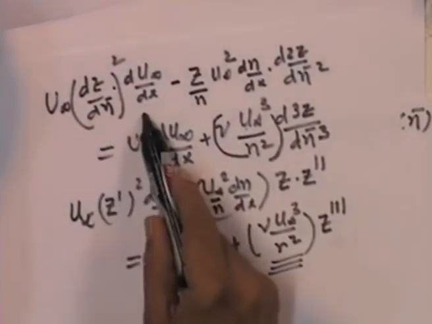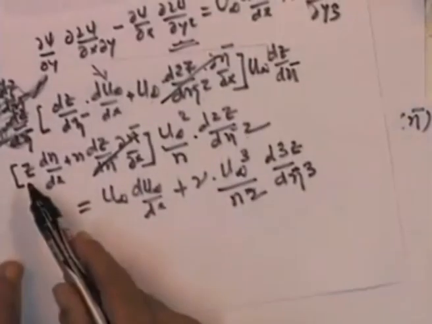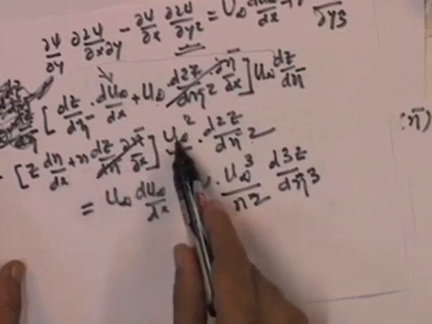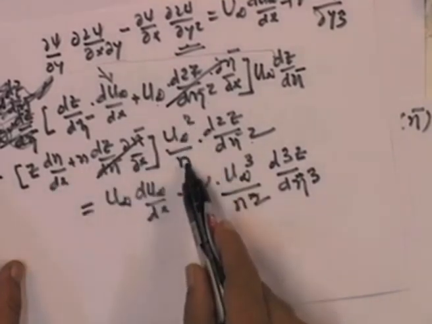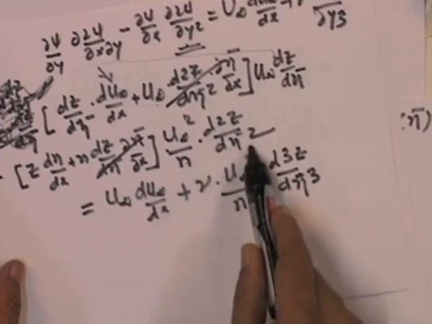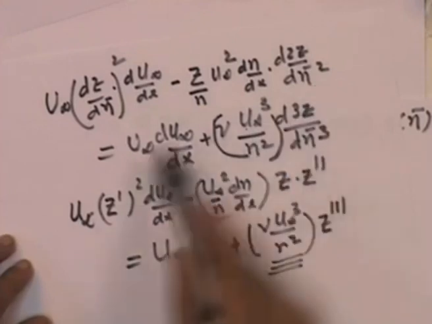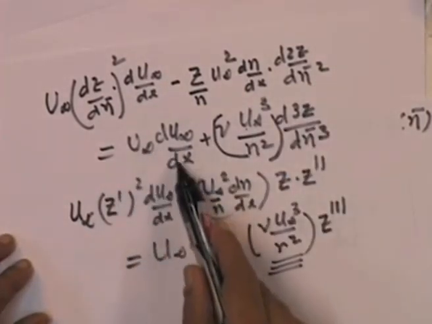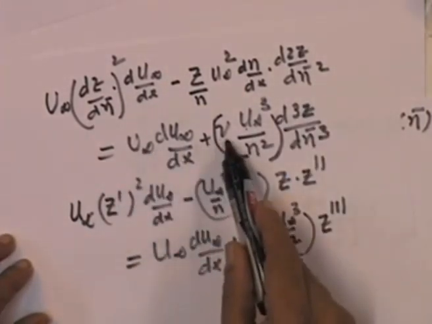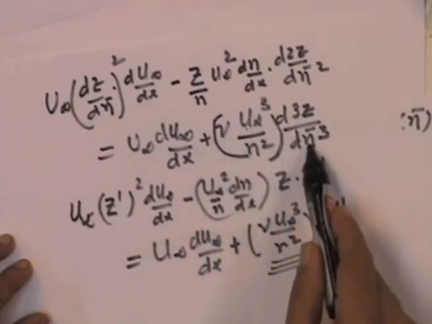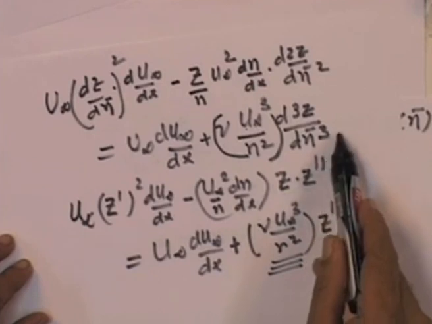That is what I have written here. The second term is minus Z dn/dx multiplied by u∞ squared by n d²Z/dη̄², which would equal u∞ du∞/dx plus ν u∞ cubed by n squared d³Z/dη̄³.